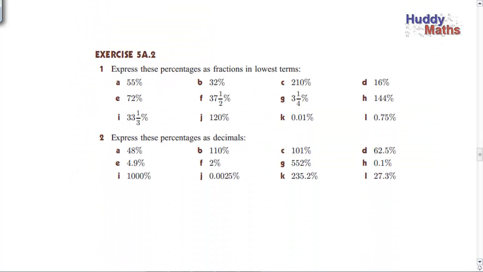Okay, let's have a look at 5A2 here. Express these percentages as fractions in lowest terms. Here we've got to divide by 100 and then try to divide top and bottom of the fraction by a common number, or cancelling if you like. And then these percentages here, same thing.